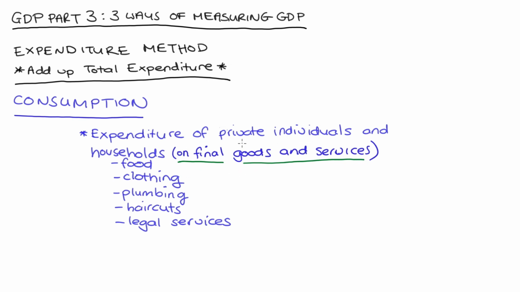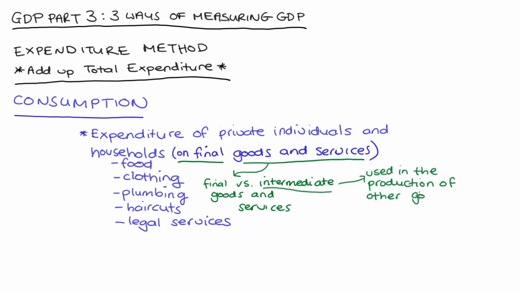I do talk about this issue quite a lot in the first video that I did in this series on GDP. But just as a brief recap, we differentiate between final goods and services and intermediate goods and services, where intermediate goods and services are used in the production of other goods and services, whilst final goods and services are not. So we only want to count the consumption of final goods and services.